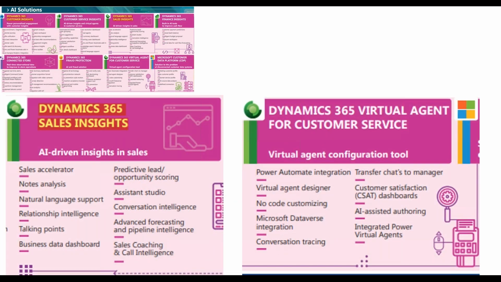Sales insights. This is another AI component. This one goes on top of the sales component of CRM. Really interesting things here for manufacturers and people with supply chains is the relationship intelligence, because most of you are not dealing with individual consumers, you're dealing in B2B.